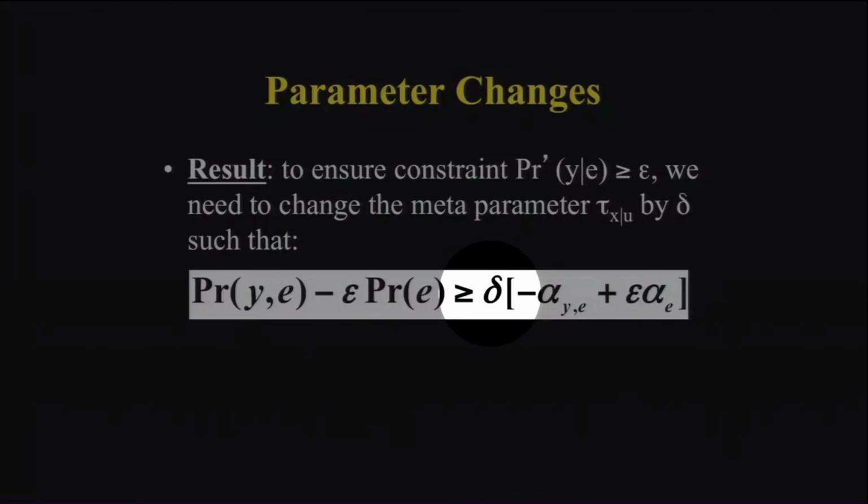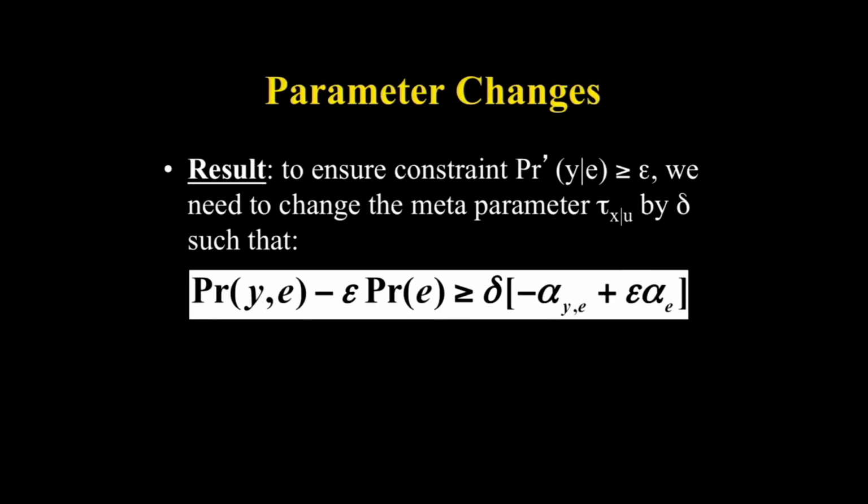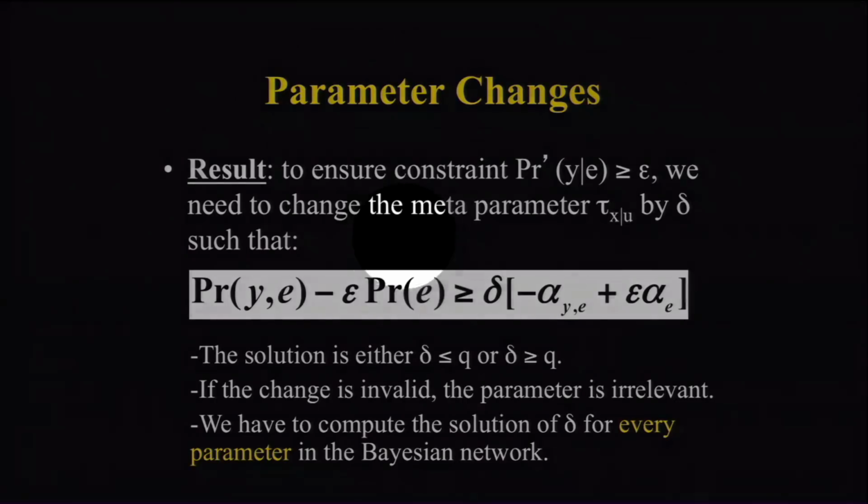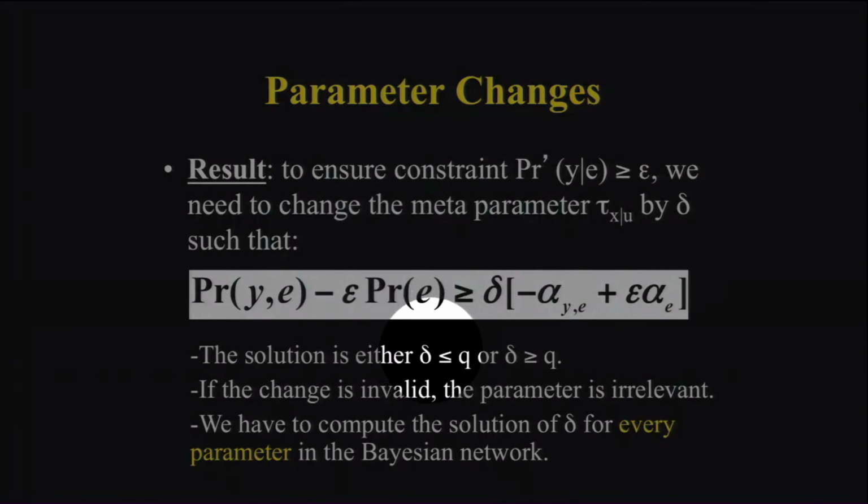And it turns out that this has two forms of solutions. It could come out to be that I want this delta to be less than or equal to some number, or I want it to be greater than or equal to some number. Those are the two forms of solving this. Sometimes the solution you get for delta will lead to changes outside the range of 0, 1.